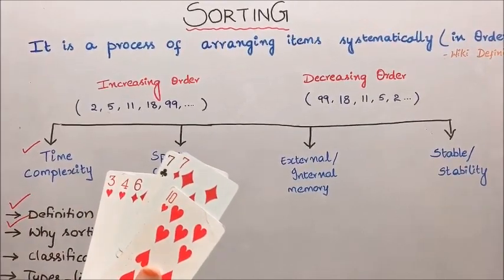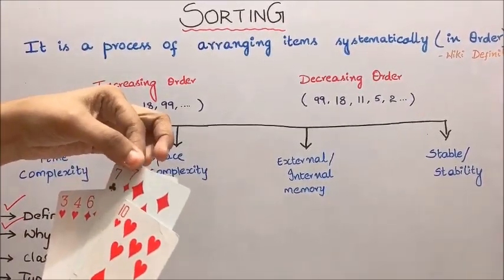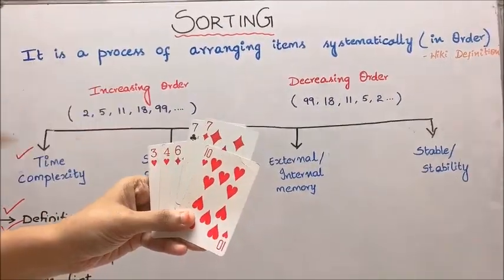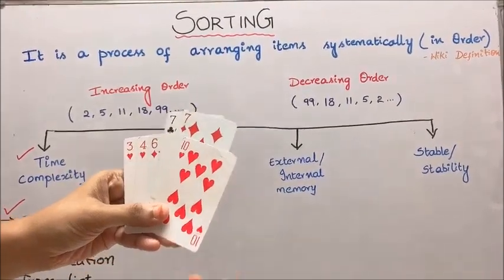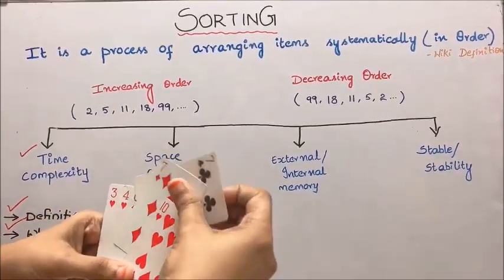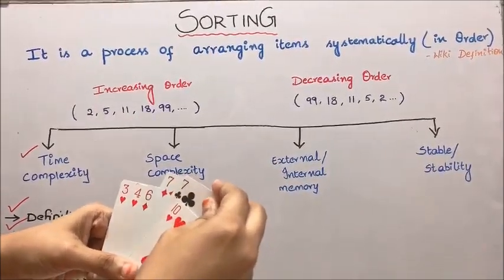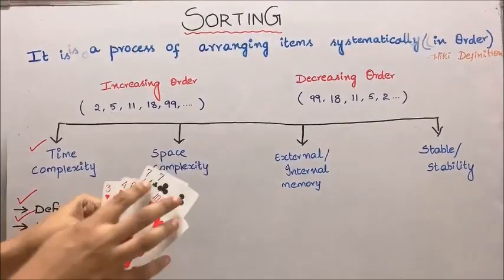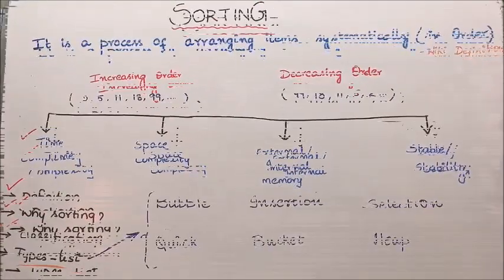In the output, 2 similar cards appear in the same order as in the initial set of cards. This is called stability. If that sorting algorithm doesn't bother about the relative positions, then this is called instability. Here this algorithm is unstable. So based on this stability, some sorting algorithms have been classified.